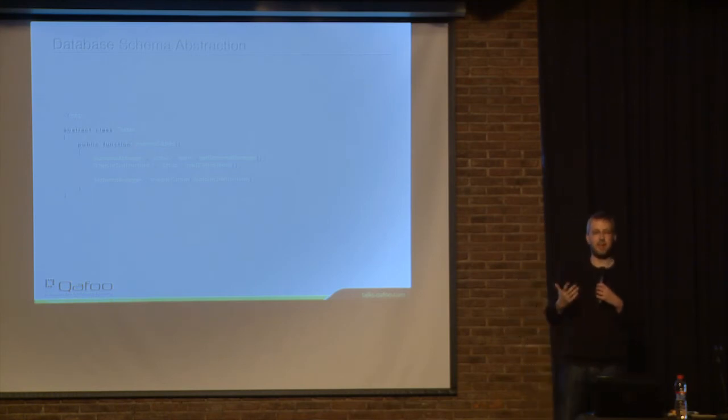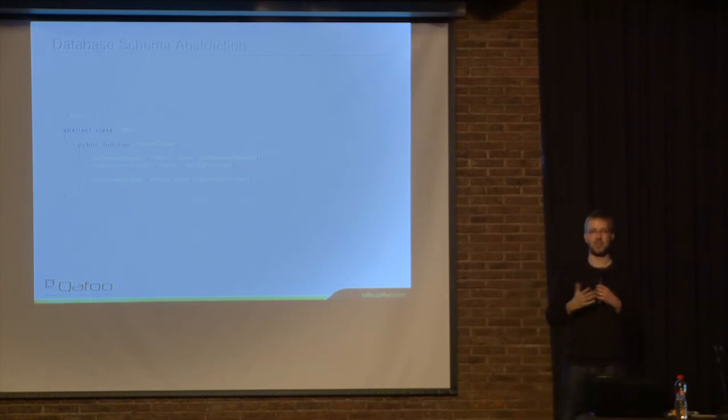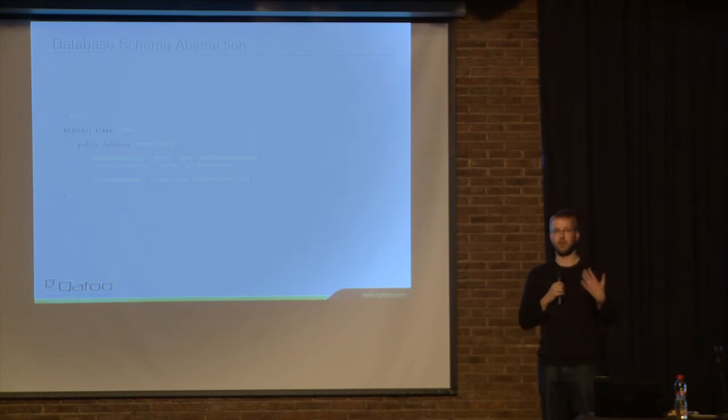So creating a table normally needs more than one statement. You need the create table statement, and then you need some alter table statements to generate the foreign keys and the indices. You can't normally do this in just one statement. So what this schema manager does is abstract all the different kinds of stuff that you need to generate here.